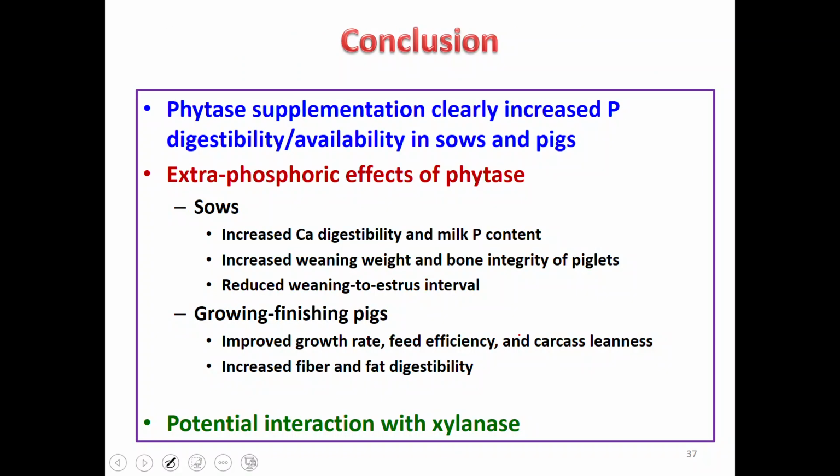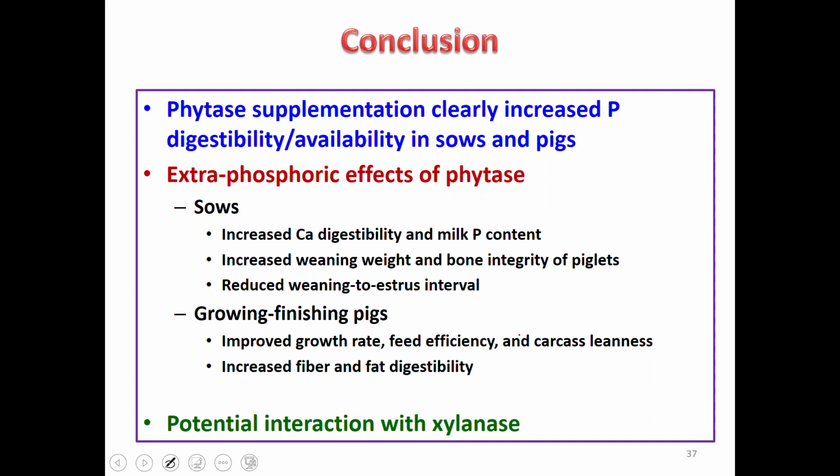So in conclusion of this seminar, phytase supplementation clearly increased the phosphorus digestibility and availability in sows and pigs. And we also demonstrated the extra-phosphoric effect of phytase in sows, with increased calcium digestibility and milk phosphorus content, increased weaning weight of piglets and bone integrity of these piglets, and reduced weaning to estrus interval.